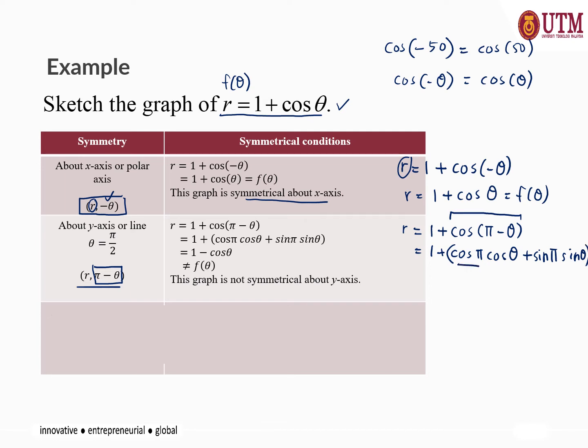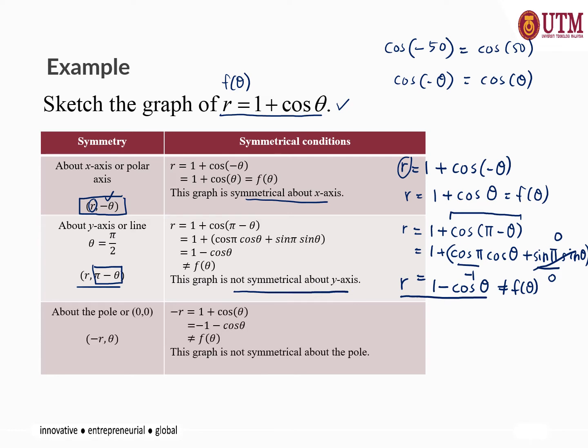So cos pi and sin pi have constant values, where cos pi is equal to -1 and sin pi is equal to 0. So this would be equal to 1 minus 1 times cos theta. It would be 1 minus cos theta. So you can see r equals 1 minus cos theta is not the same as the original function. So it is not equal to f theta. Since it is not equal to the original equation, we can say that the graph is not symmetrical about the y-axis.